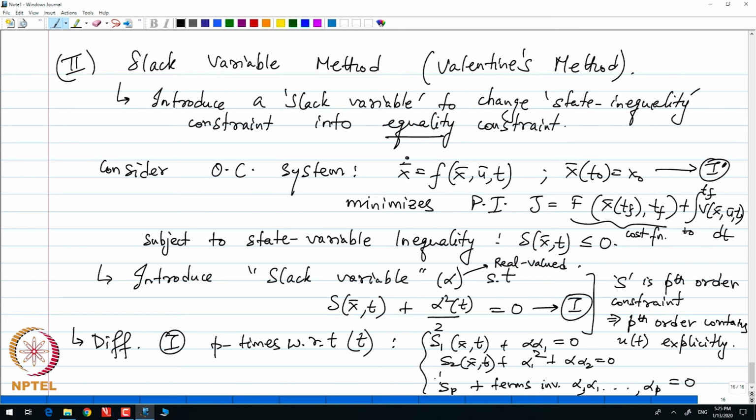So, what have we got? Let me call this set of equations 2, and in 2, the pth equation is such that I can explicitly write my unknown function alpha in terms of SP and other variables involved, and then we back substitute the other variables from the previous set of equations given by 2.